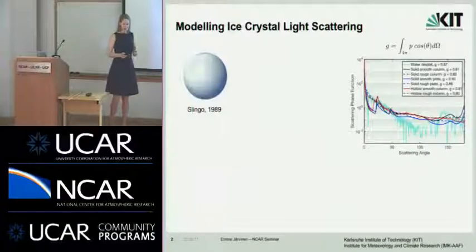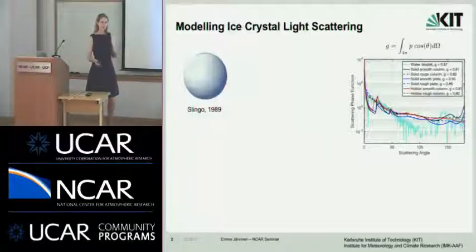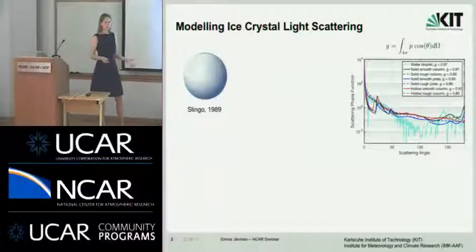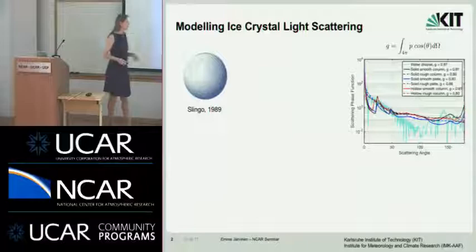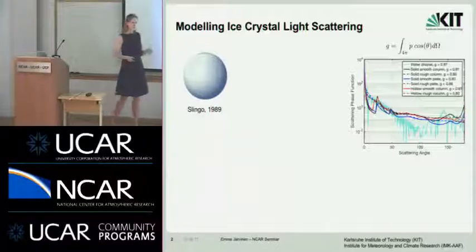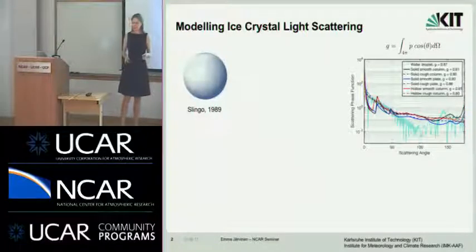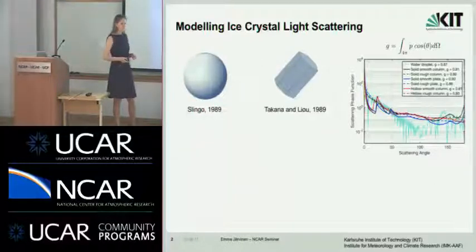But to start, I wanted to introduce how ice crystals have been seen in optical models and in scattering models. The most simple model for an ice crystal, also the first one, is a sphere, because it has the highest symmetry and you have an analytical solution from Mie theory. But of course, atmospheric ice crystals are rarely spherical, so then there was a need for more sophisticated models. The next model was a hexagonal crystal.